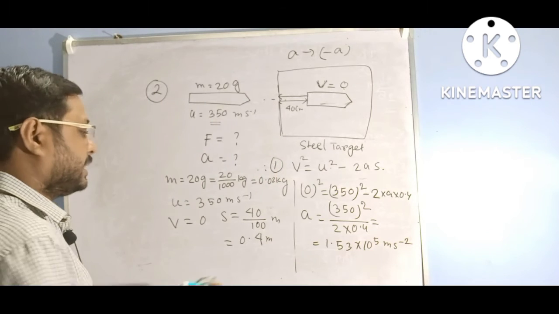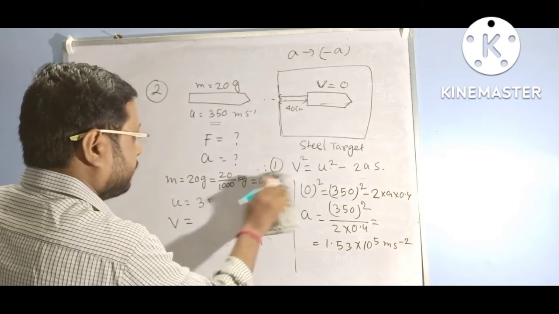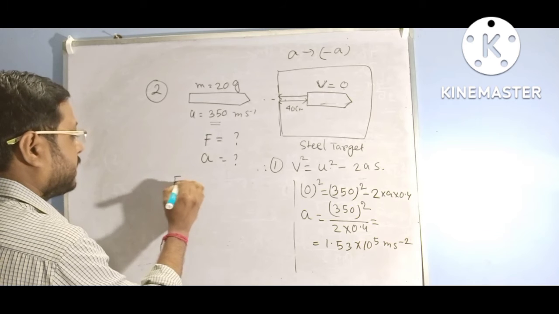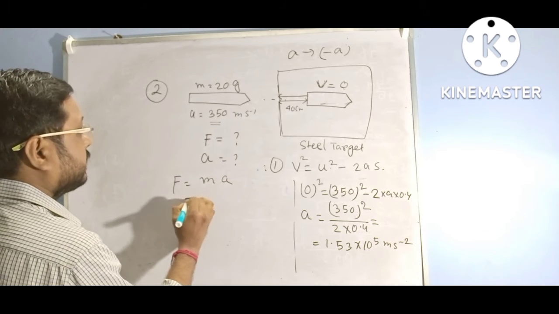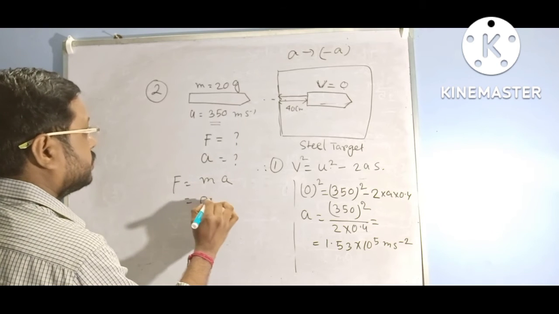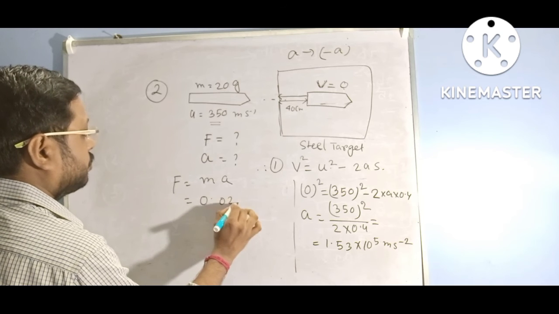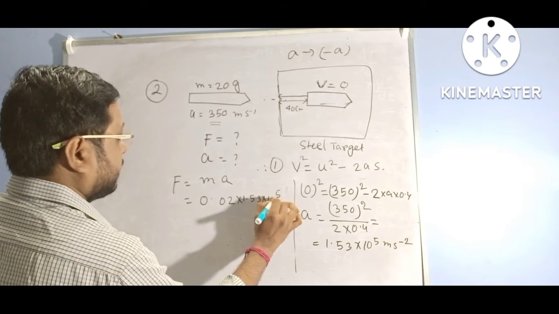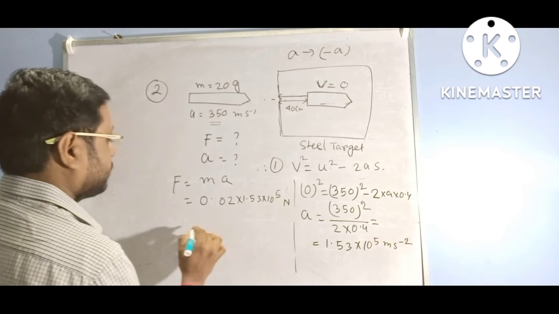Then what is the retardation force? We found the value of A. F equal to M times A. M equal to 0.02, into 1.53 into 10 to the power 5, in SI unit, so Newton.